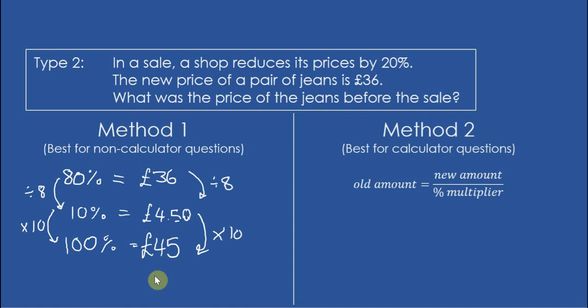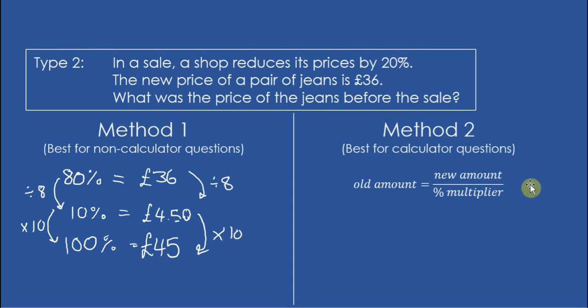Okay, method 2, probably best in terms of speed, and if you understand your percentage multipliers. But again, it's a different method to have to remember if you're going to use method 1 in the type of questions above, but I'll go through it anyway.